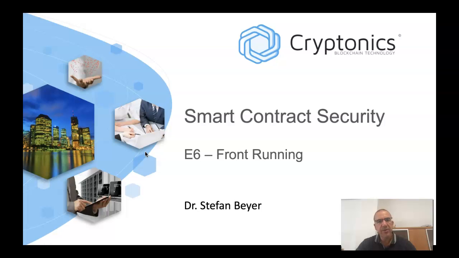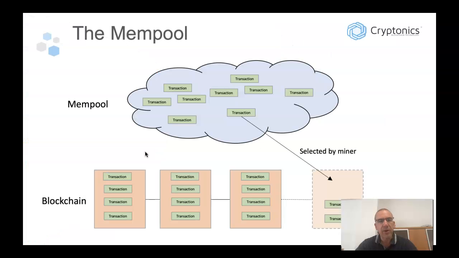But anyway, let's first look at what front running is. To understand front running, we have to look at how transactions are included in the blockchain. So the blockchain has something called the mempool, which is the list of all unconfirmed transactions, just waiting within the network.